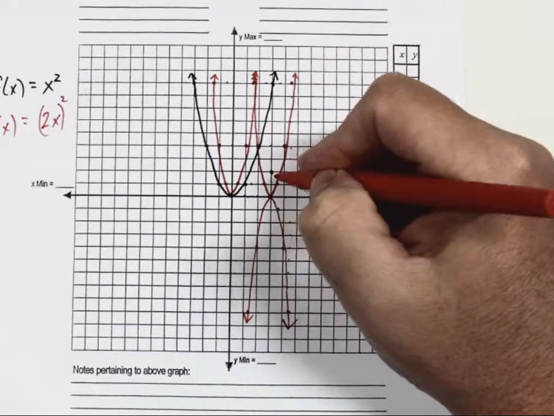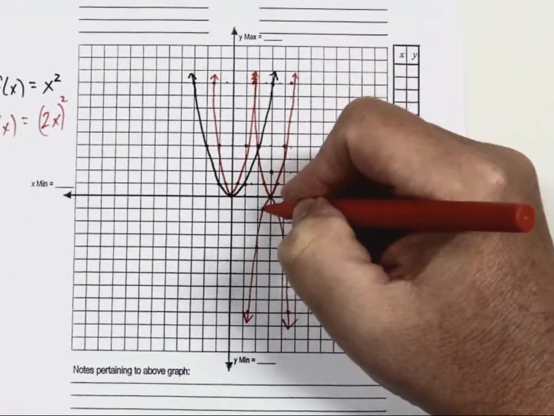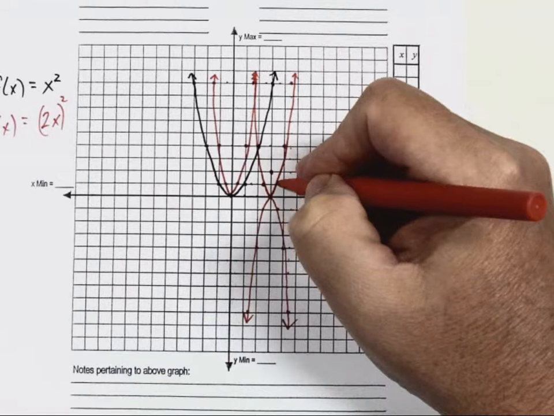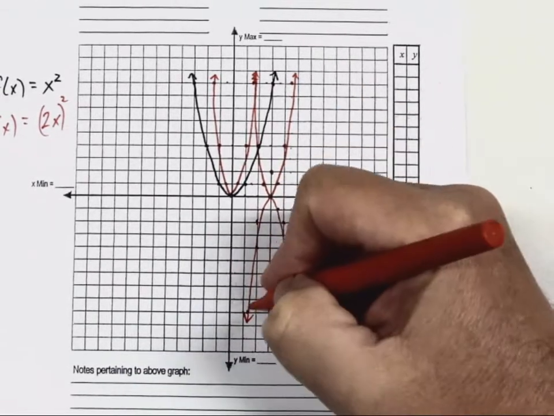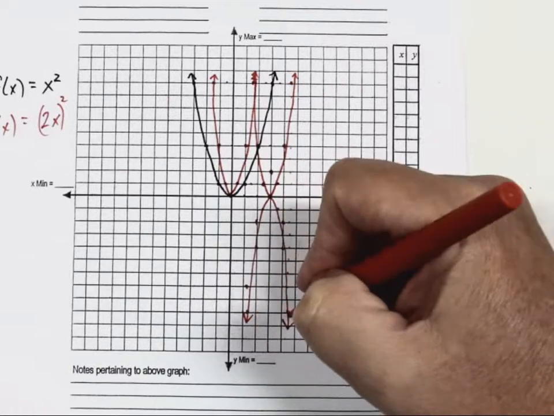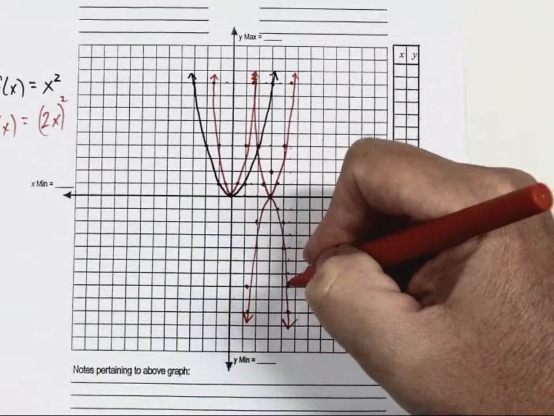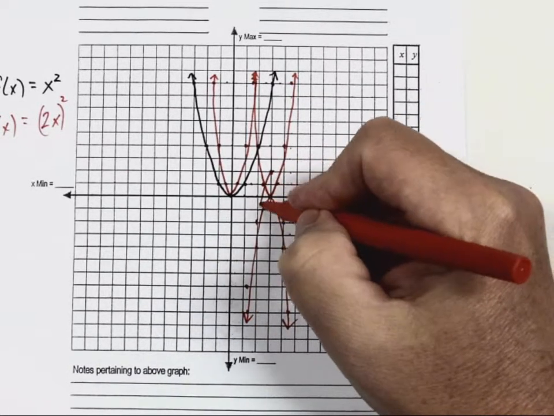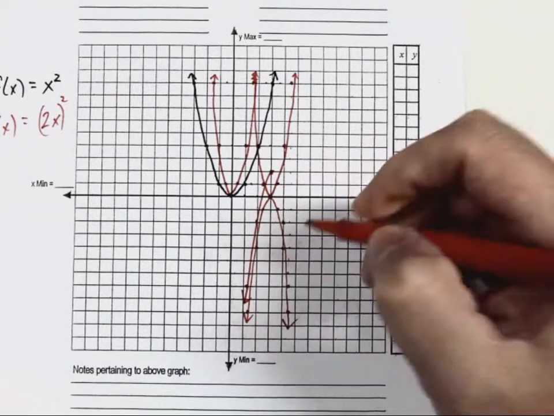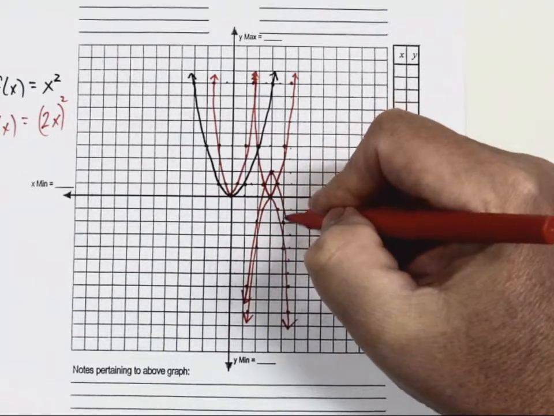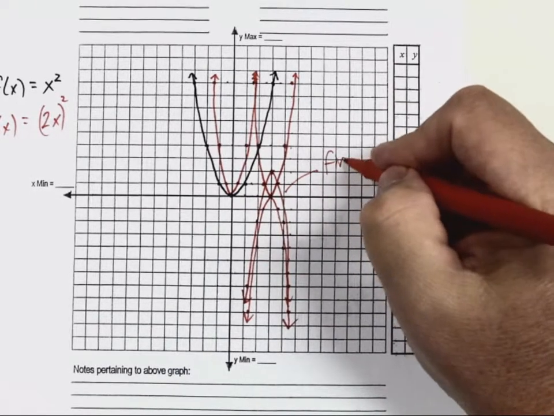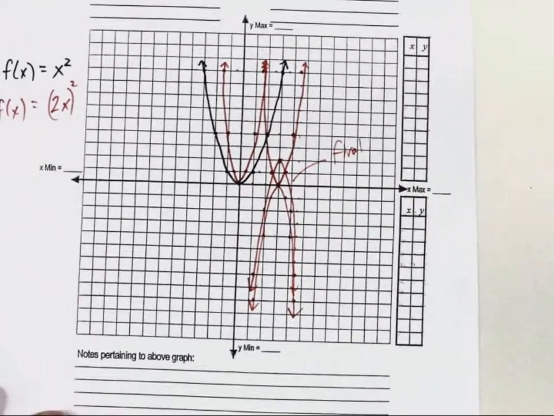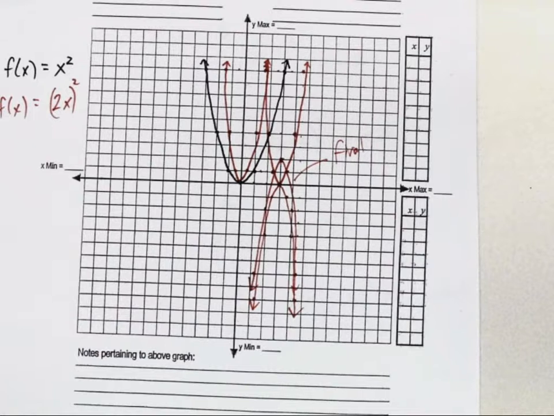So this goes here, this goes here, this goes here, this goes here. Now it's actually quite the mess, but that actually is your final graph.